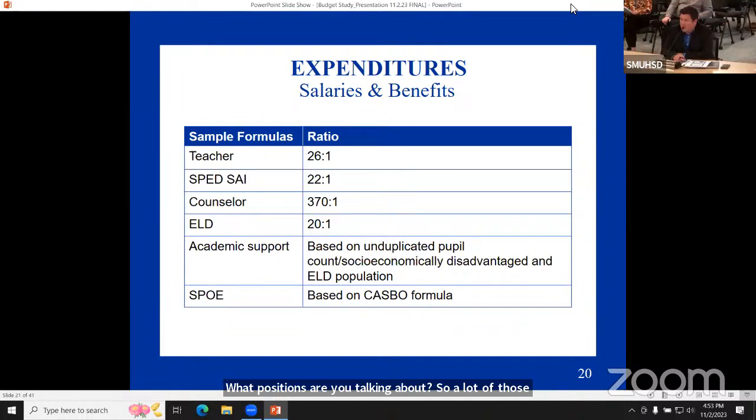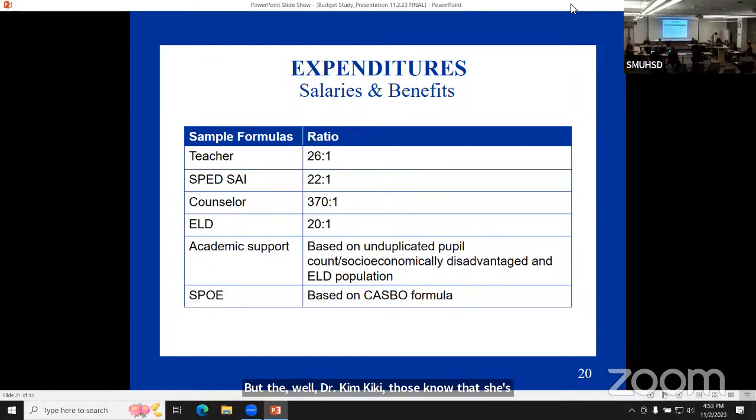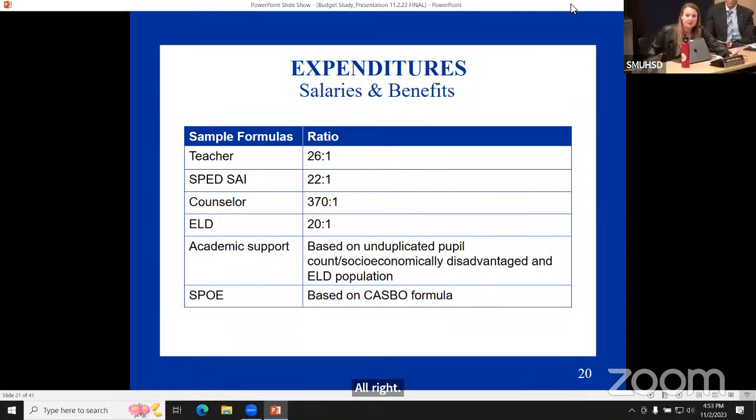Those would include classes like guided studies, AVID, and different English support classes, which are usually funded. I think the difference here is there's not a ratio. Depending on what the class is, those classes can have differing numbers.